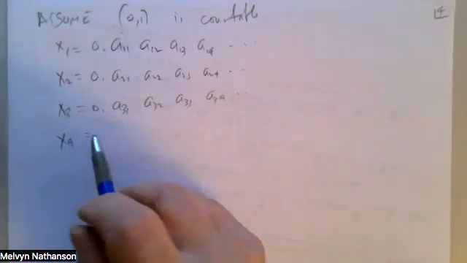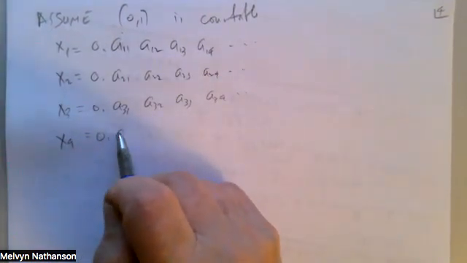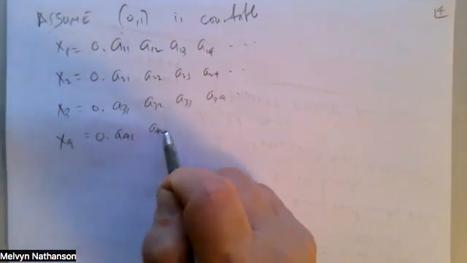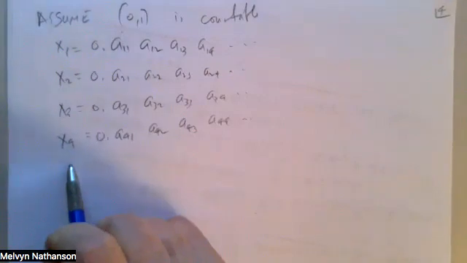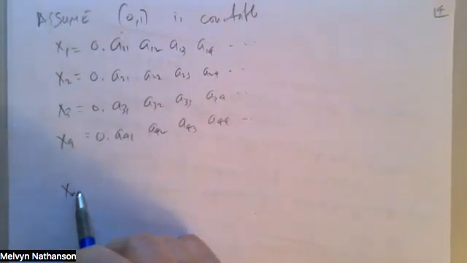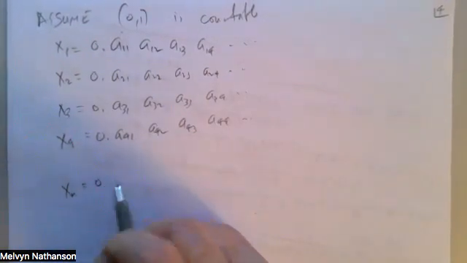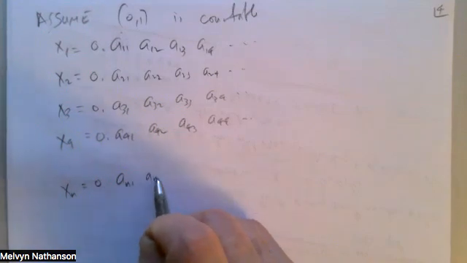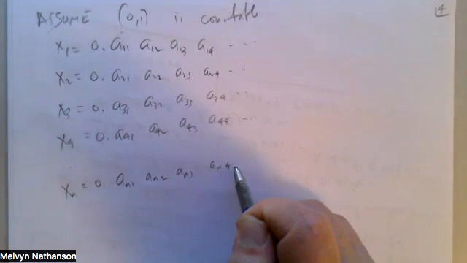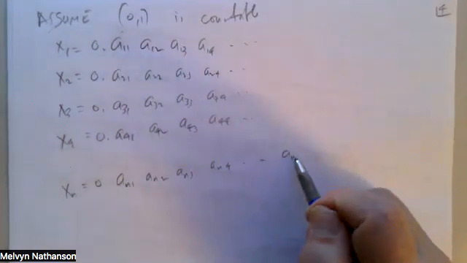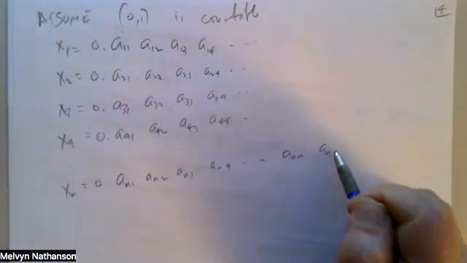And the next number is x4, 0.A41, A42, A43, A44, and so forth. And just keep going. The nth number in the list is 0.A N1, A N2, A N3, A N4, A N N, A N N plus 1, and so forth forever.